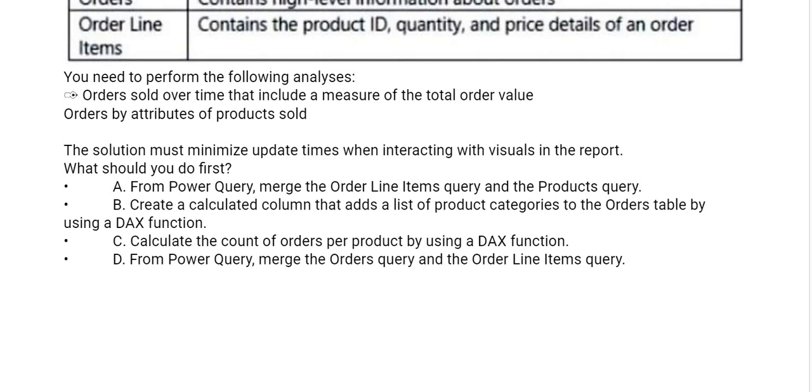Option D, from Power Query, merge the order query and order line items query. The correct answer is option D.